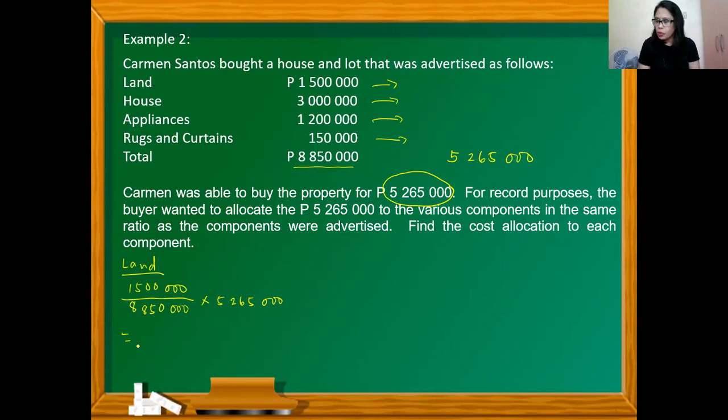So to round off to two decimal places, we have 89,237.29.